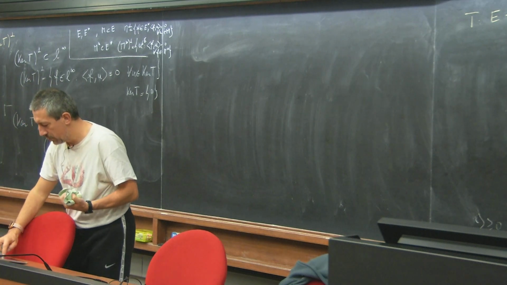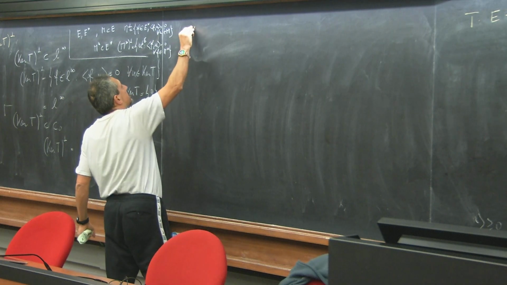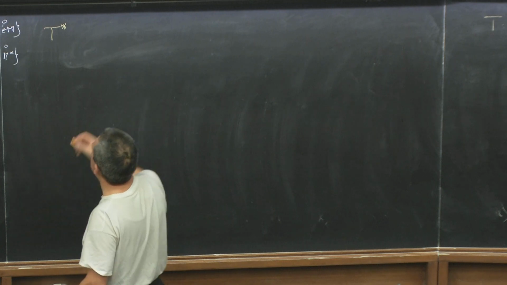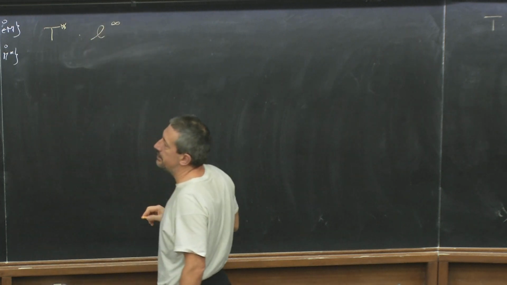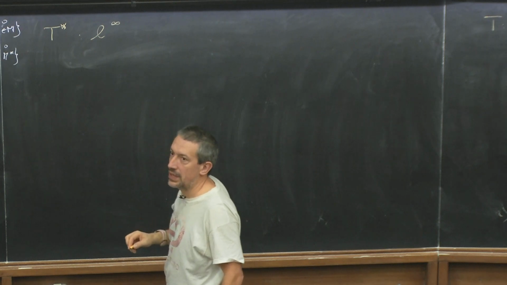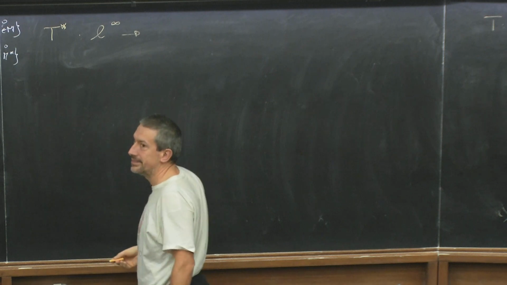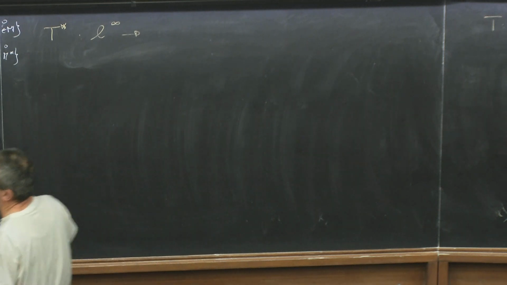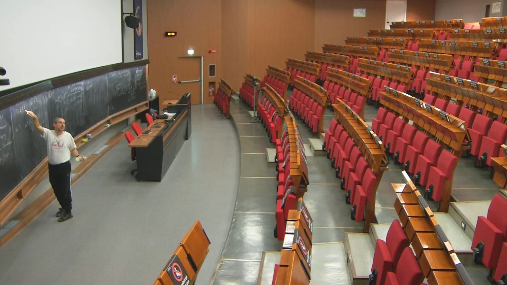So now we have to compute the adjoint. T star, being an adjoint, is a map from the dual of the end space into the dual of the first space.